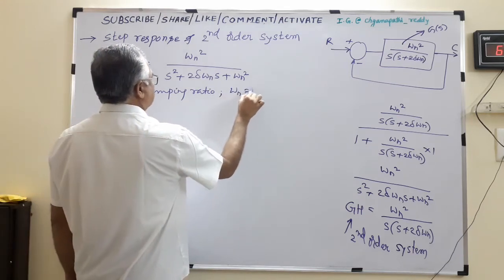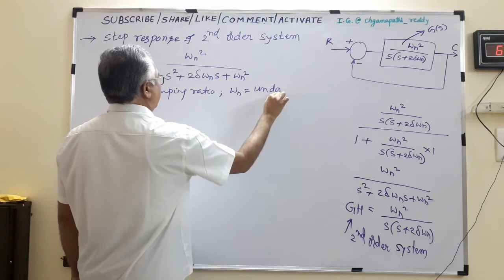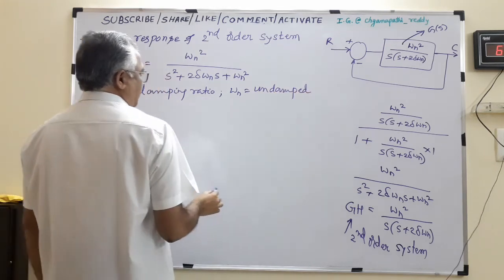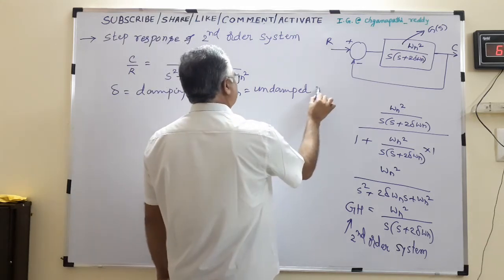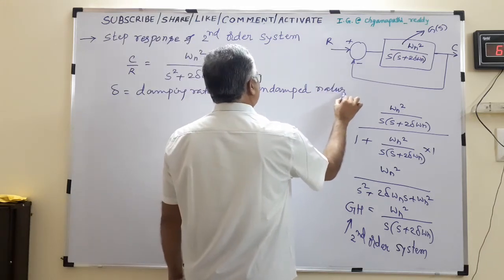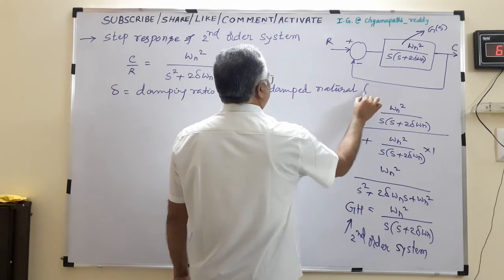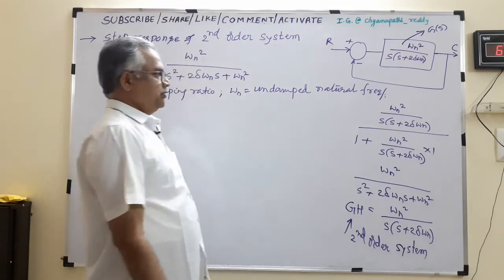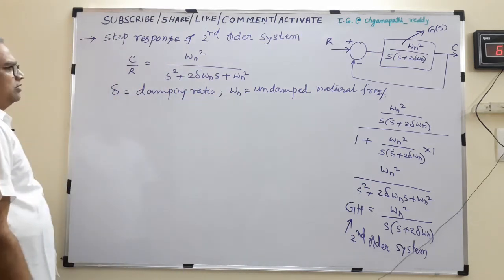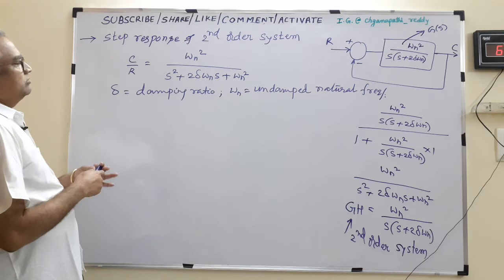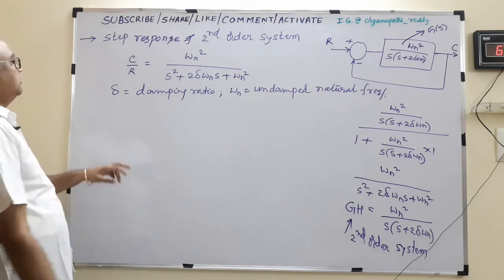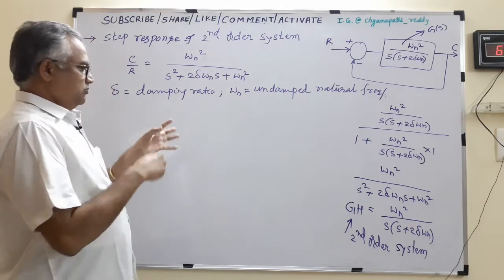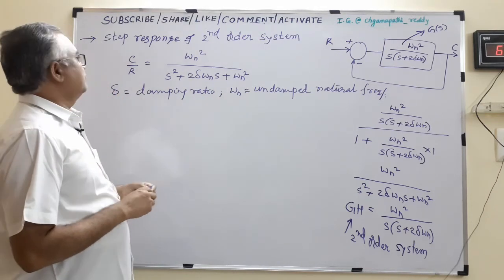Omega n is the undamped natural frequency. So we do a lot of work on second order systems in terms of damping ratio and in terms of omega n. So the whole topic will go around this.